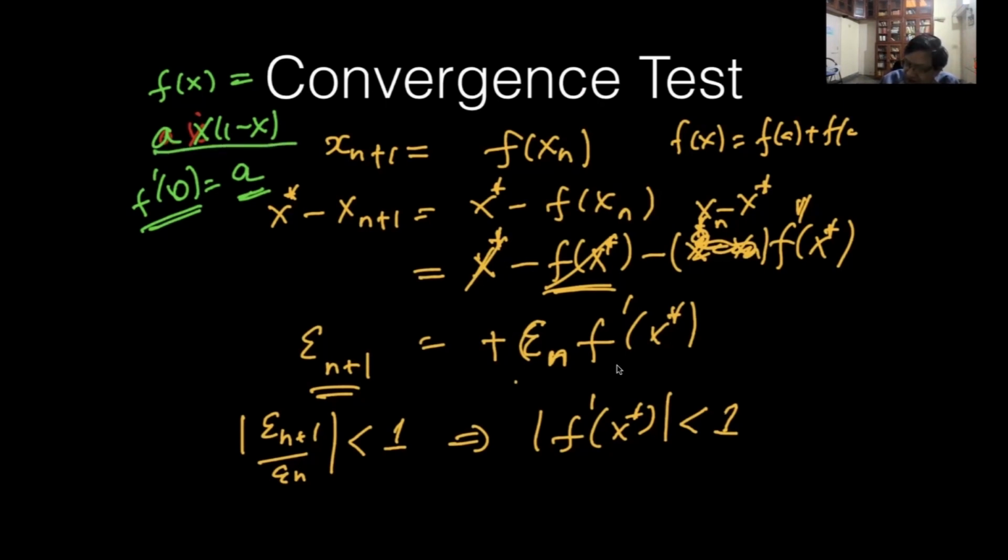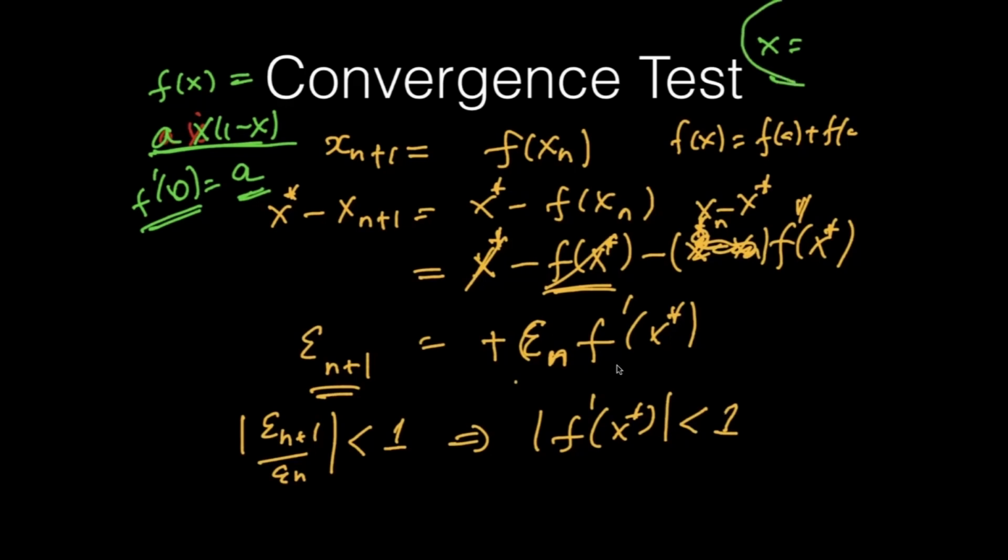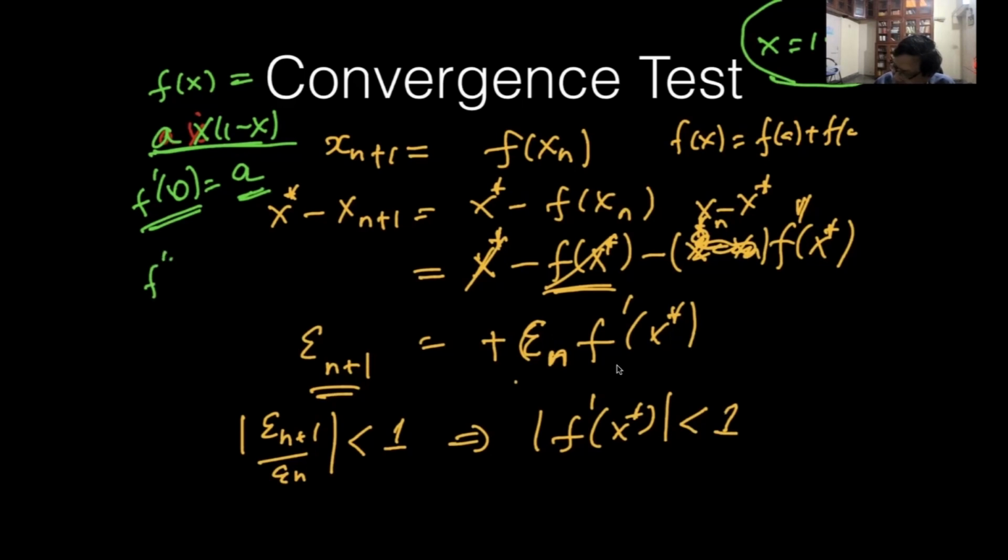If you work out the other solution, it is x equal to 1 minus 1 by a. We can just compute f prime at this other fixed point. Okay, I can give you the answer.